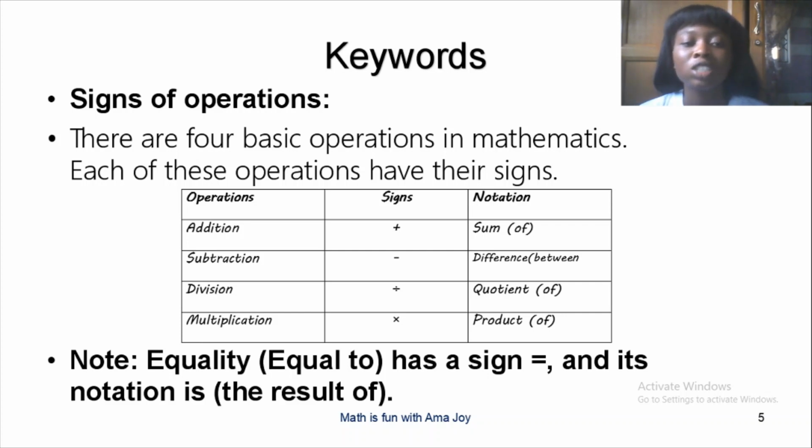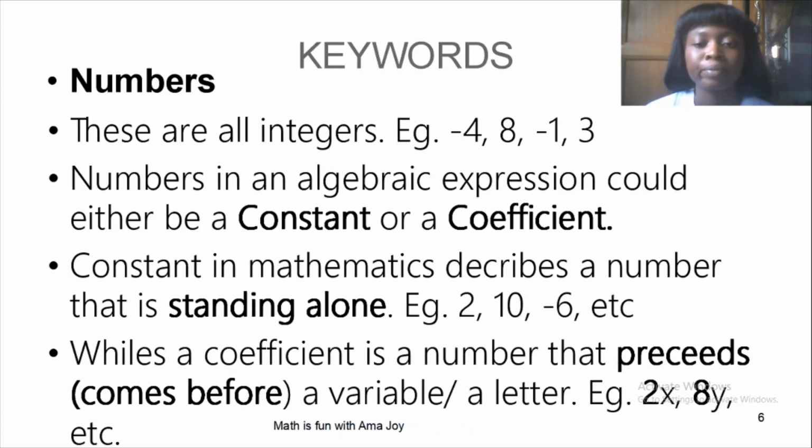It's a notation that represents the result of. So if you've been asked to find the result of 2 plus 2, or the result of 2 minus 1, we know it's 2 minus 1 equal to the answer. The result of you doing an operation comes after the equal to sign.